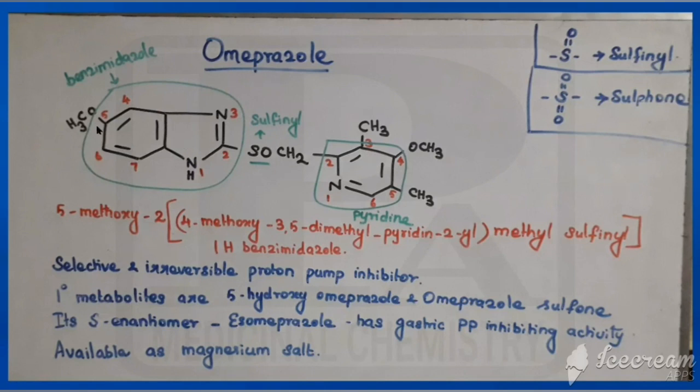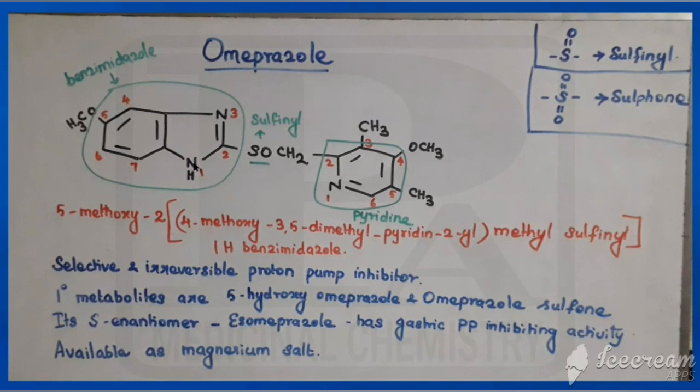In the benzimidazole, the fifth position has methoxy, whereas in the pyridine the fourth position has methoxy and the third and fifth have methyl. The pyridine's second position is connected to CH2, which is connected to the sulfinyl group, and the benzimidazole's second position is also connected to that sulfinyl sulfur. That is the structure of omeprazole.